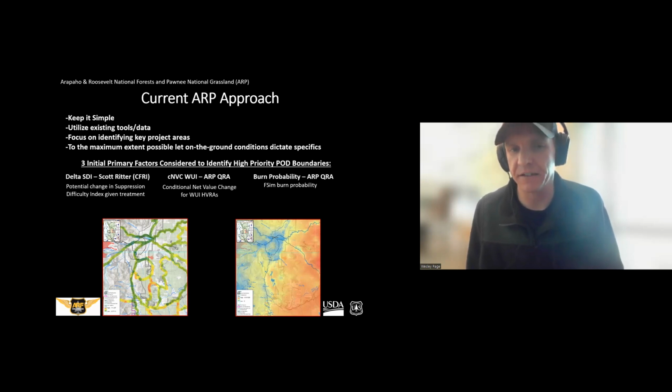To me, that was a very good idea and very valuable, in that it shows us where we can actually change the outcome. So given those 3 factors, I wanted to combine them and help us look at where those priority locations are. So next slide.